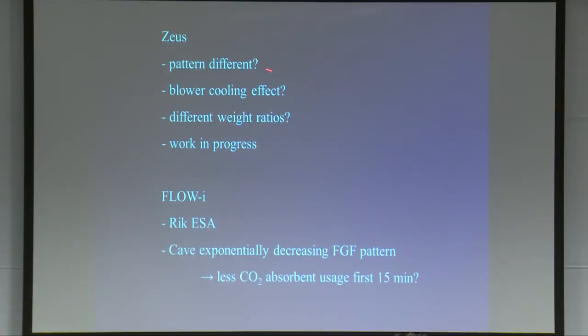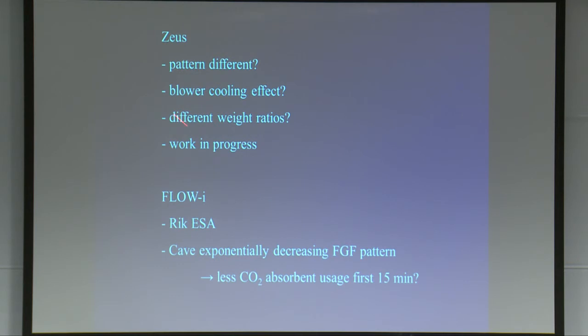So I do expect differences with the Zeus, because there's a blower continuously blowing or circling the fresh gas flow in the breathing system. Maybe this has a cooling effect on the canister that affects canister usage. Also, I'm not sure whether the relative amount of granules contained in the different prepacks are the same. So that is work in progress.